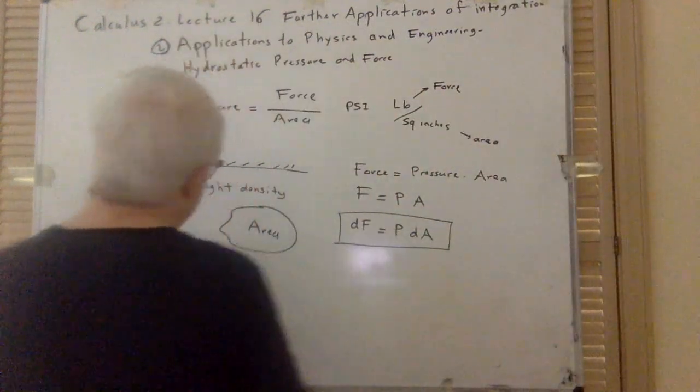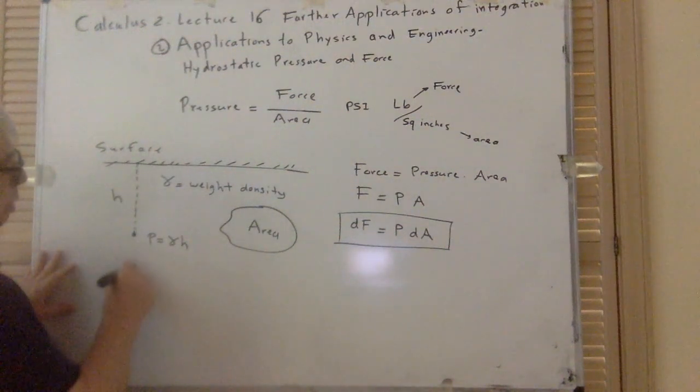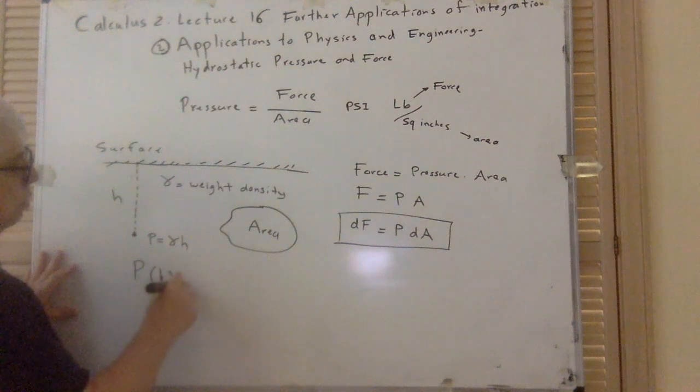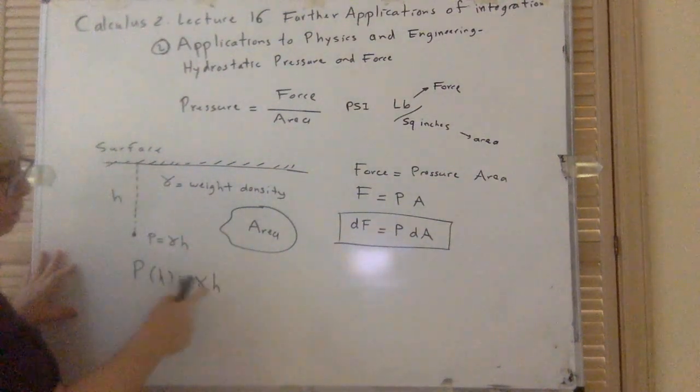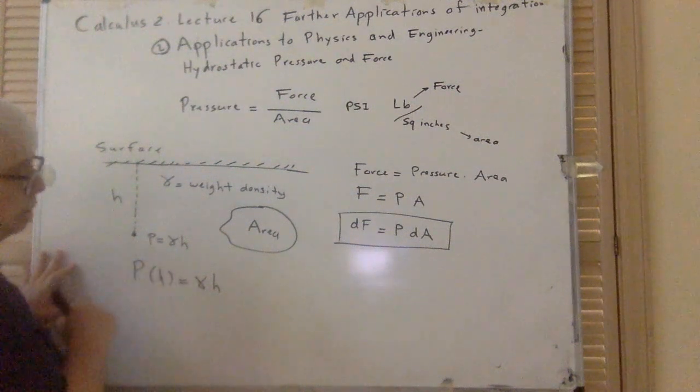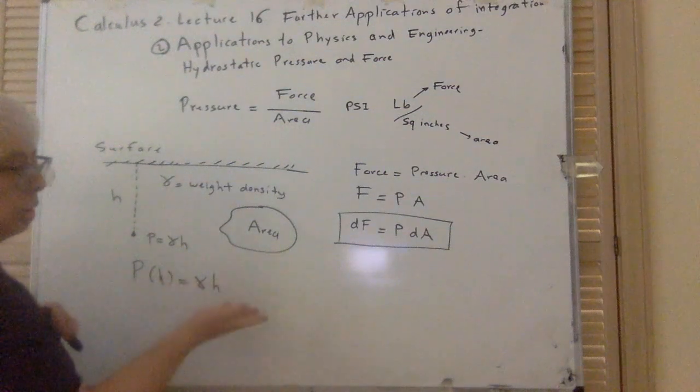This also means that pressure is a function of h, a function of depth. But it's a very simple function, it's linear. It's a linear function of h. So it's like a line.